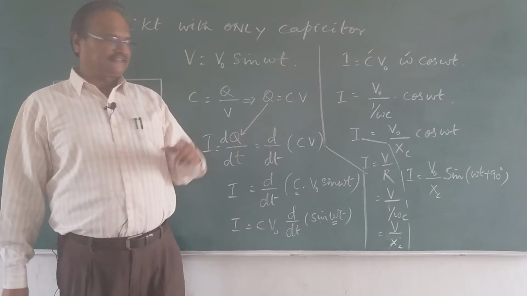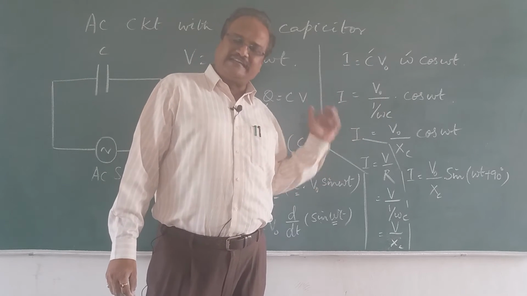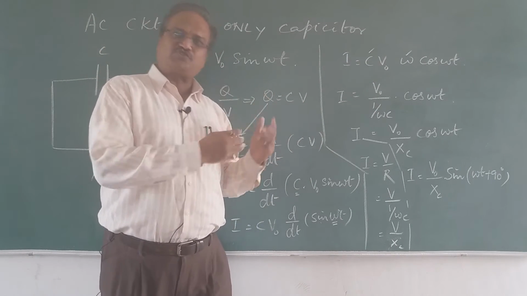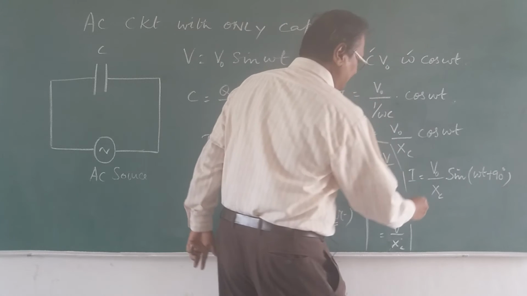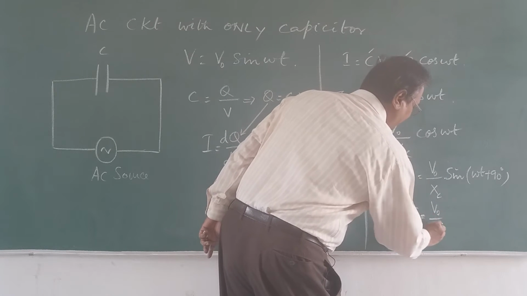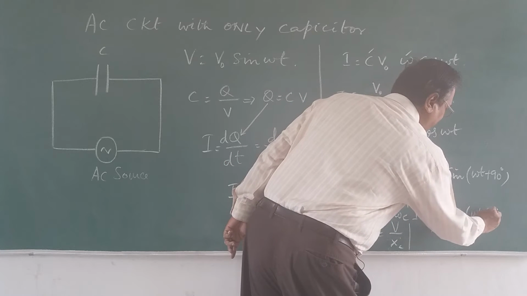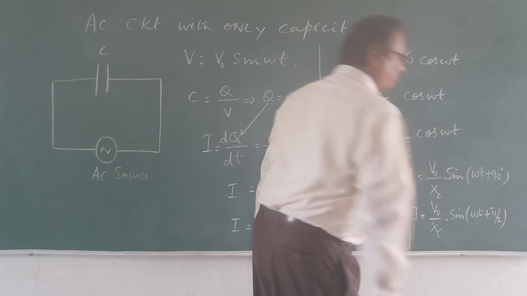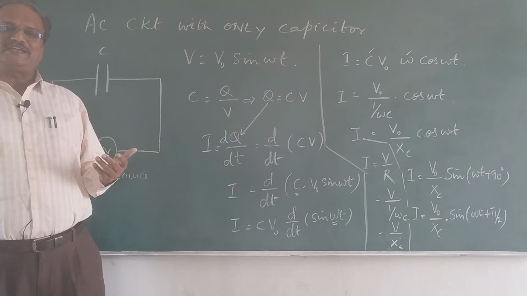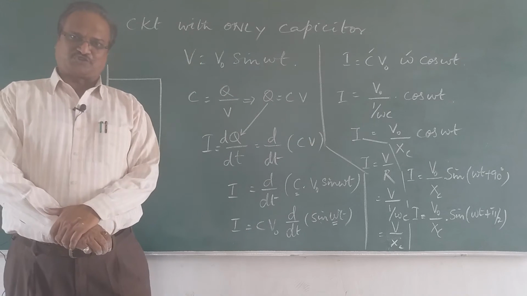Either you write it as sin of 90 plus theta or sin of theta plus 90, both are one and the same because they lie in the first quadrant. So I is equal to V0 upon XC into sin of omega t plus pi by 2. You write pi by 2 in radians: 180 degrees is pi, pi by 2 is 90 degrees, and that is the answer.